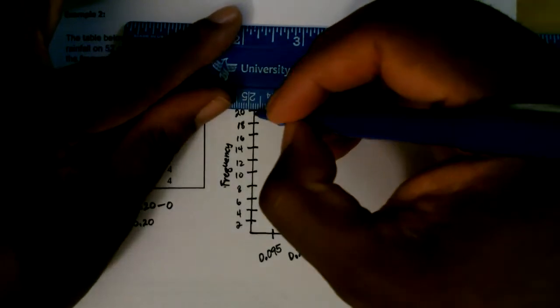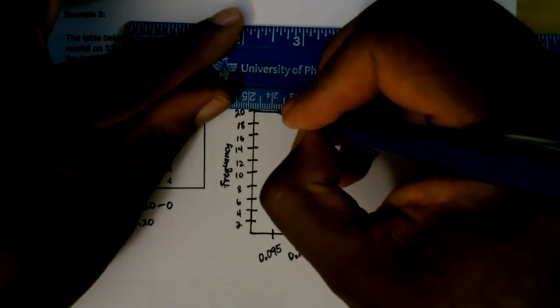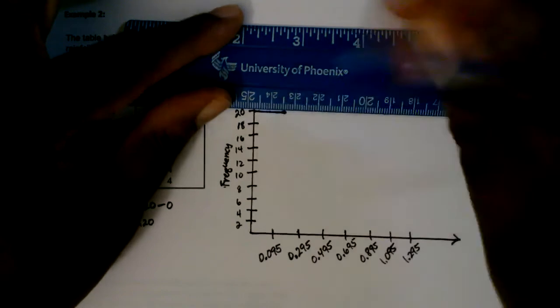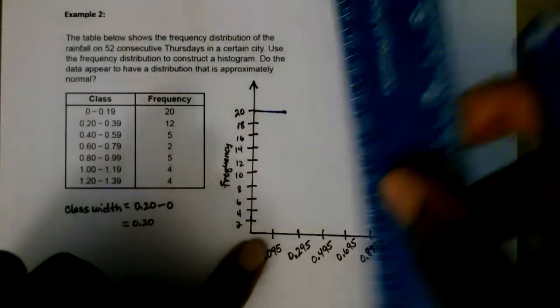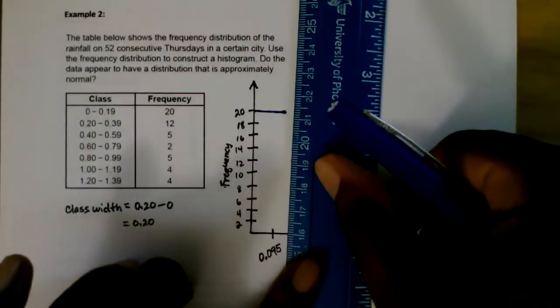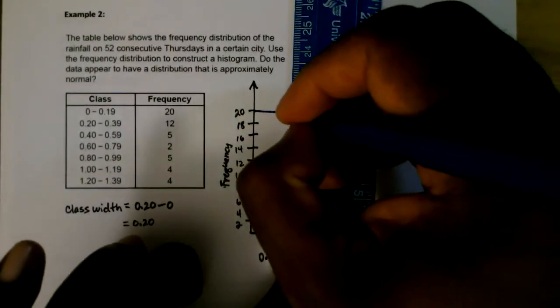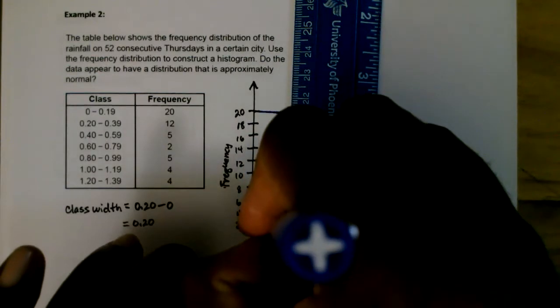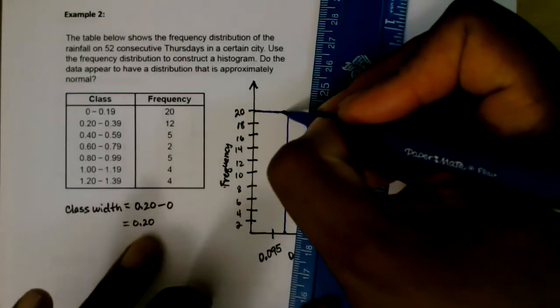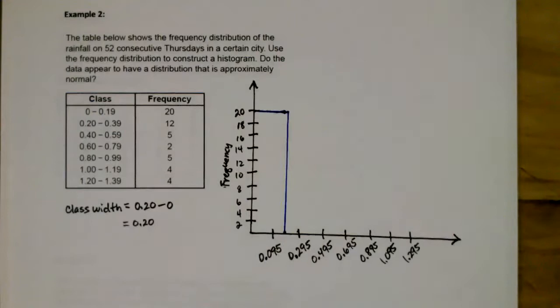I want to draw the bar so that this tick mark is at the center of it, because the class midpoint is in the center or close to it.